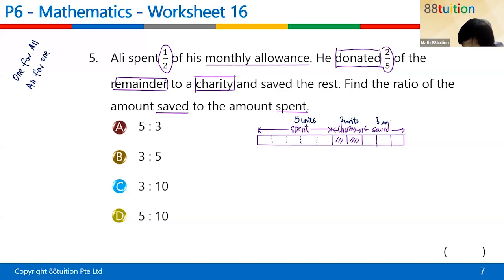Save how many units? Yeah. So then spend 5. Charity, save, right? 3 and 2, then 5. So 3 to 5, B. Which is B. Yeah, B. Okay, easy. Yeah, this one is easy because it's only a 1 mark question.